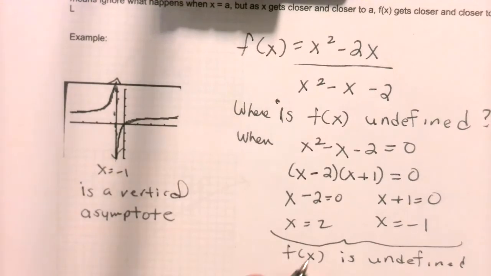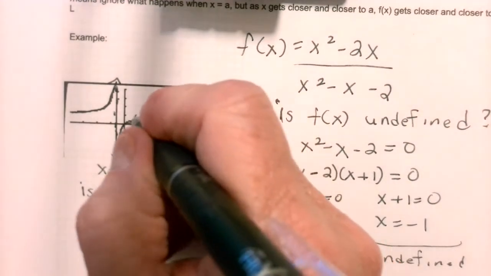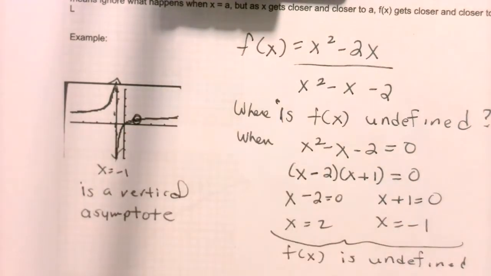Now, what's happening when x is equal to 2? That would be right around in here. It looks like it's defined there, but let's really look at what's going on on the calculator. Let me graph this, and be sure you use your parentheses correctly here. It's x squared minus 2x in parentheses, then divide, and put the denominator in parentheses as well: x squared minus x minus 2.